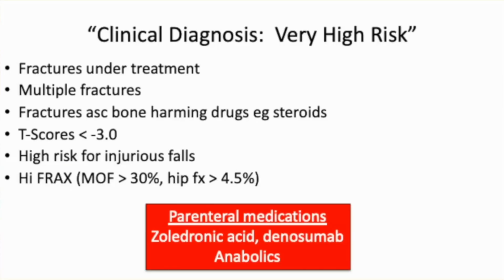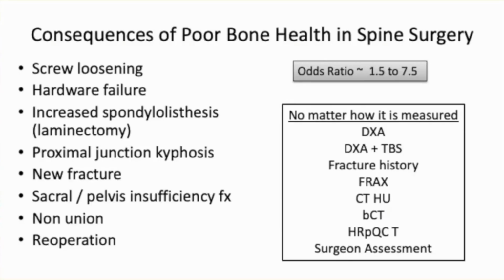In other words, maybe Parkinsonism, or they just fall all the time. Or if they have an excessively high FRAX greater than 30% of an MOF and 4.5. And these patients are indicated for parenteral medications. Most commonly, at least in my practice, I would use an anabolic, although denosumab and zoledronic acid are also recommended.